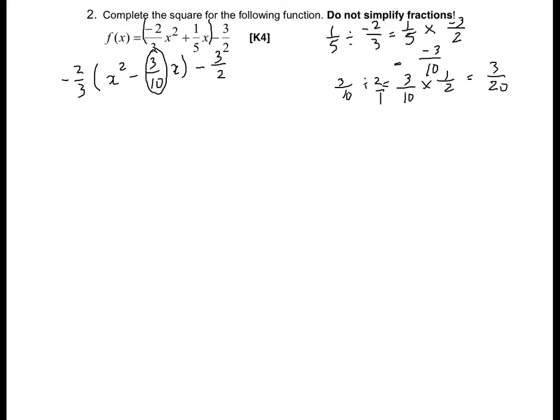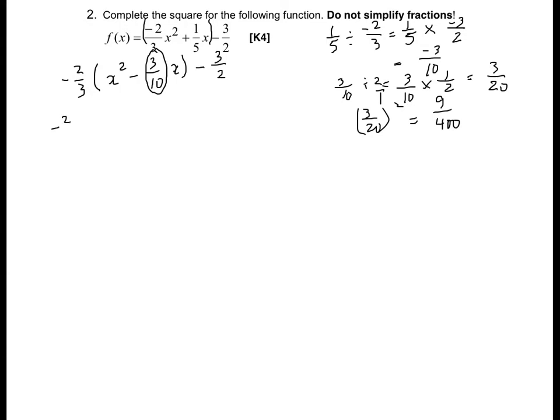Now you have to square 3 over 20, so 3 over 20 squared becomes 9 over 400. So I'm going to add and subtract 9 over 400 from everything in the bracket.